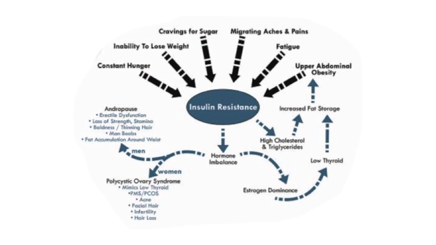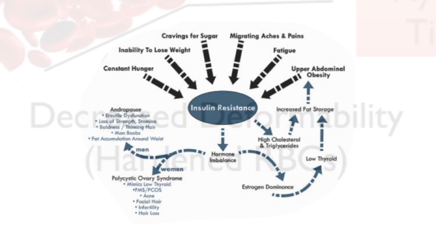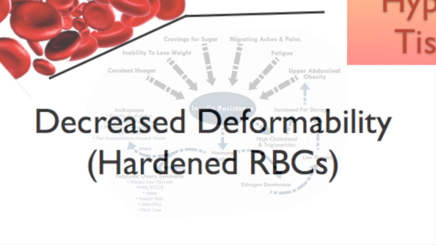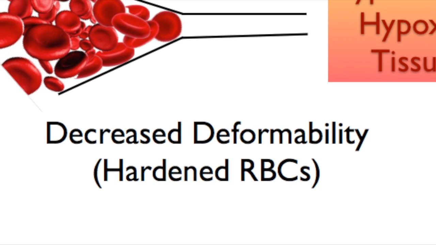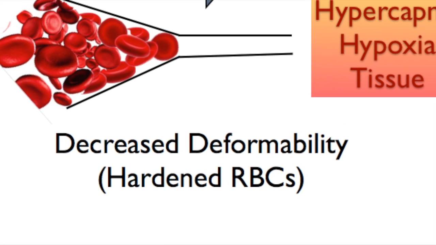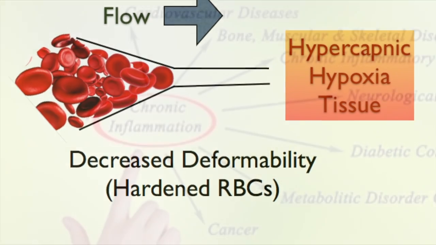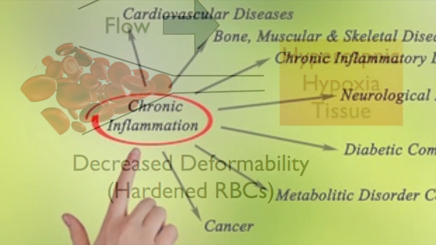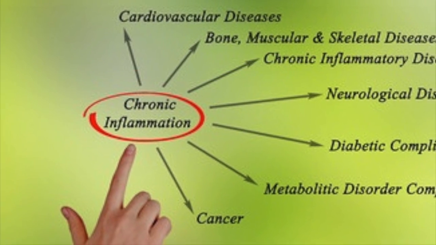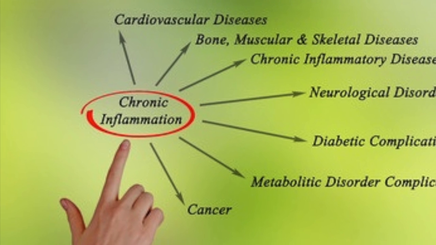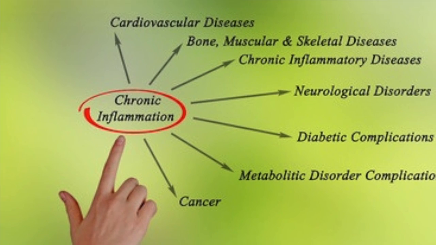Insulin resistance is associated with red blood cell aggregation and reduced deformability, both of which result in impaired tissue oxygenation and loss of ATP. Oxidative stress and chronic inflammation are almost always present in metabolic syndrome.